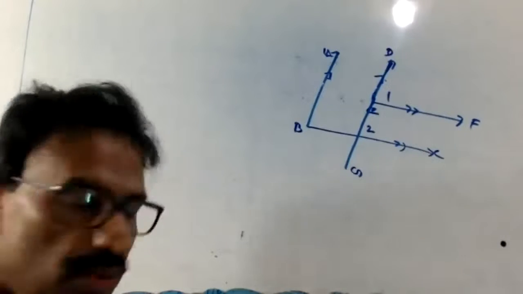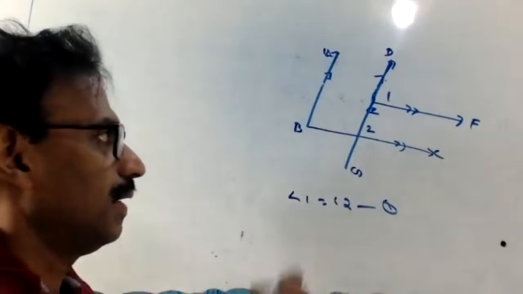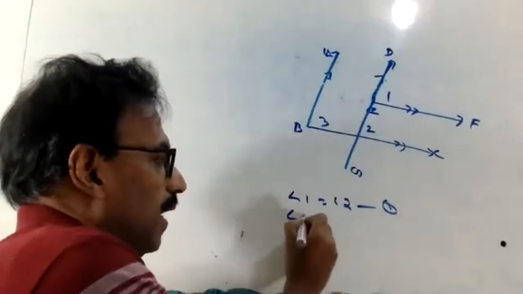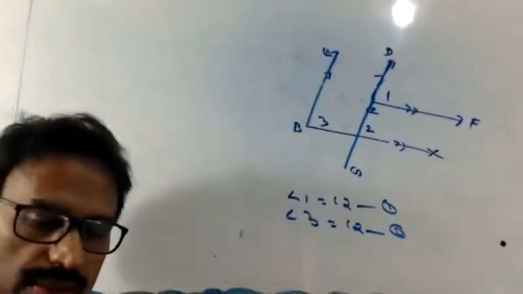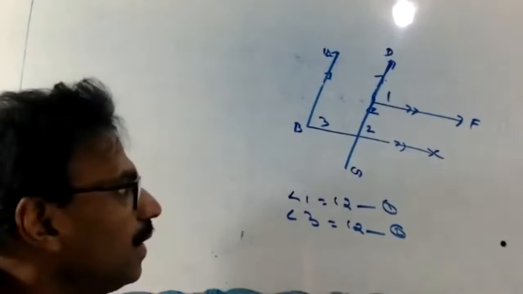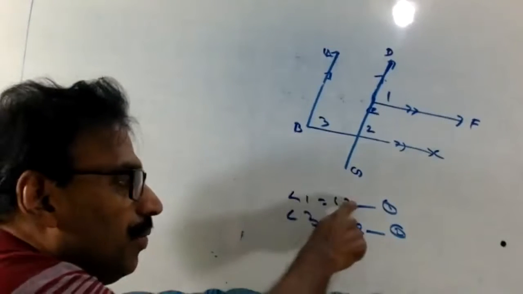Angle 1 equal to angle 2, corresponding angles. Agree or no? Then this one is 3. Angle 3 equal to angle 2, again corresponding angles. So what? 1 equal to 2, 3 equal to 2.